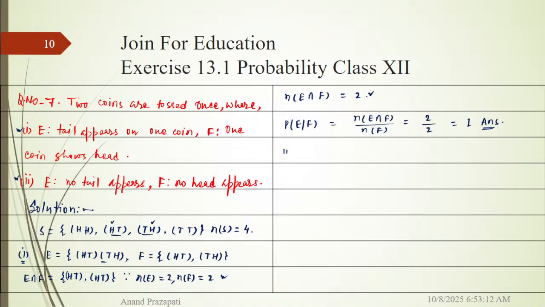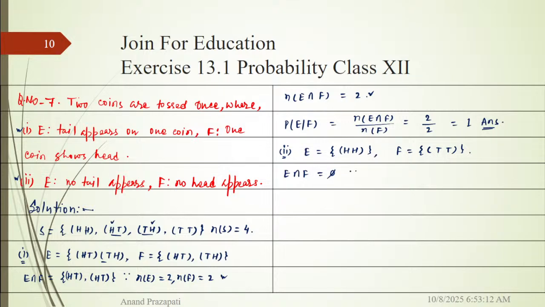Let's see the second part. In second part, event E has the sample point no tail appears. It means that only it has head. So we write down H. No tail appears. Event F has a sample point no head appears. It means that tail. So E intersection F will be empty.